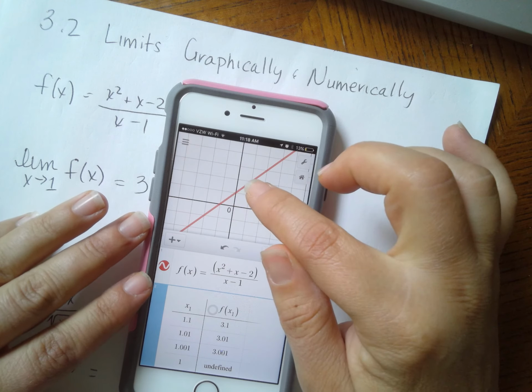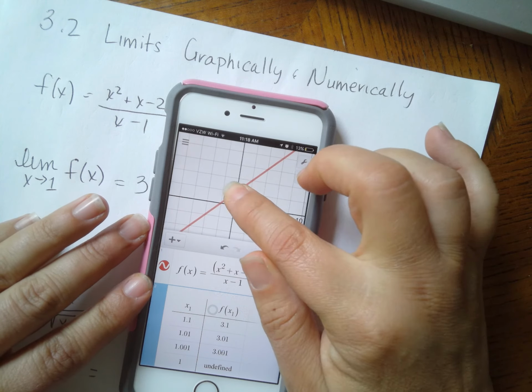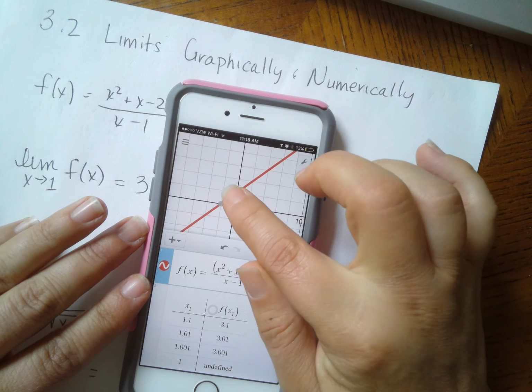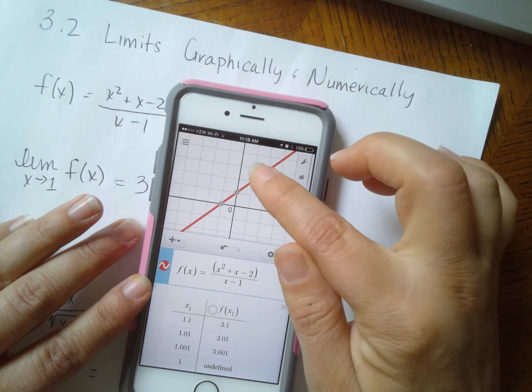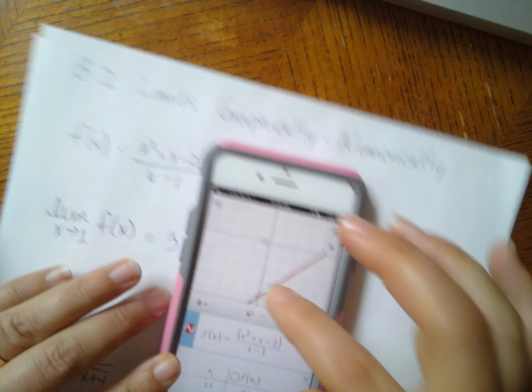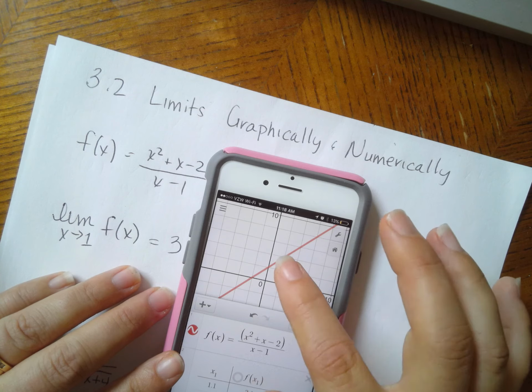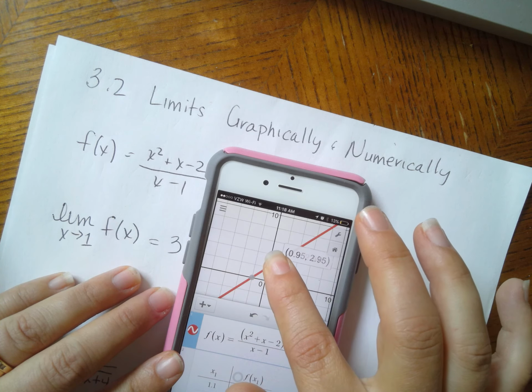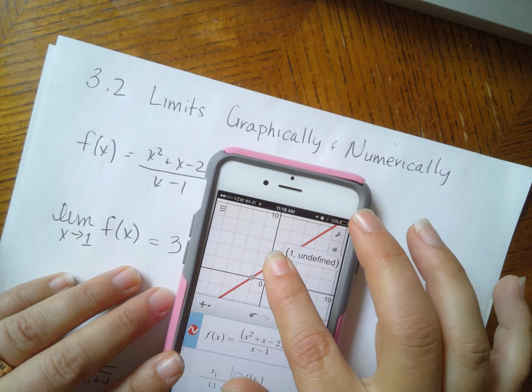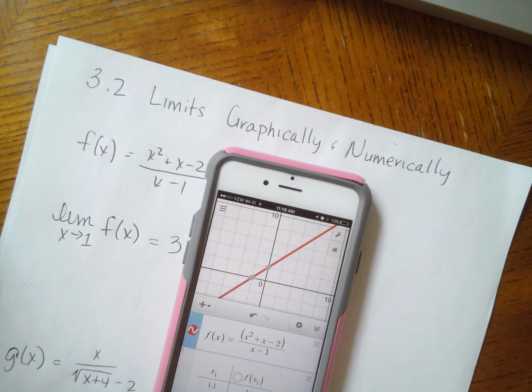Okay, so basically I should see then at x is 1, let me see if I can put a point on my line here. When x is 1, no, it doesn't want to let me. There we go. So as x approaches 1, see that little undefined space, it pops up there? Okay, so at 1 it's undefined, but when I take my finger off of it, the hole just fills itself in.